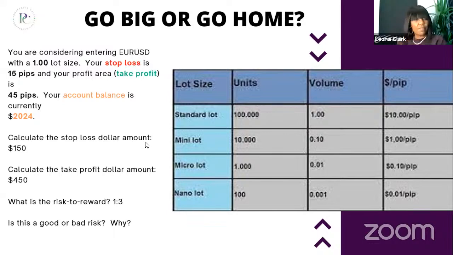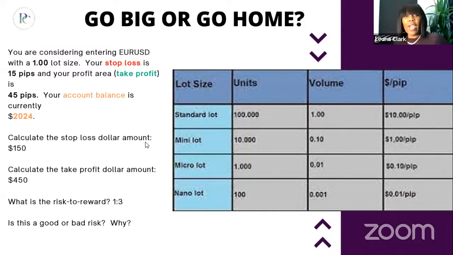Now here's my question. I'm going to give y'all a minute to type it. Is this a good or bad risk, and why? Type it in the chat if you're live, or in the comments if you're watching the replay. Now remember, this is for a new trader.